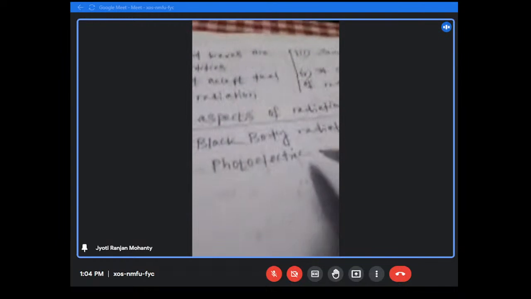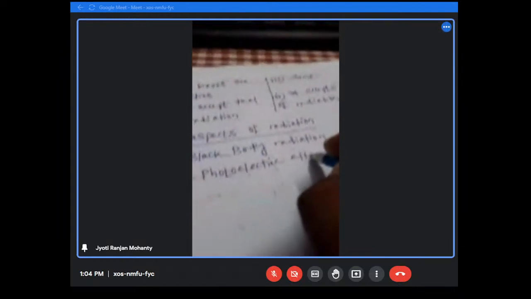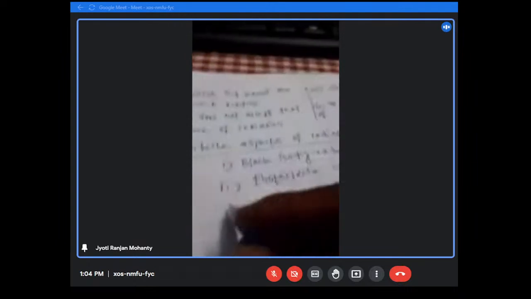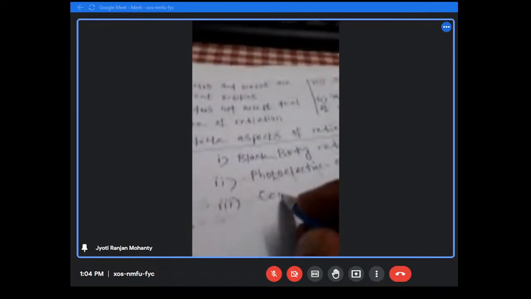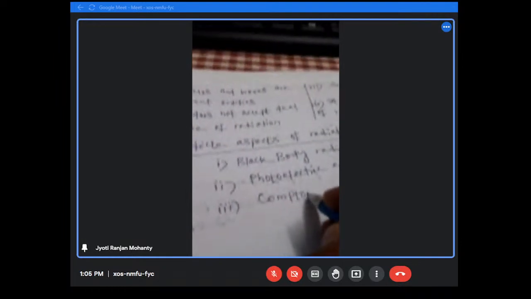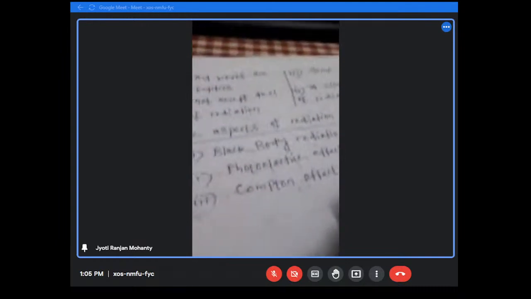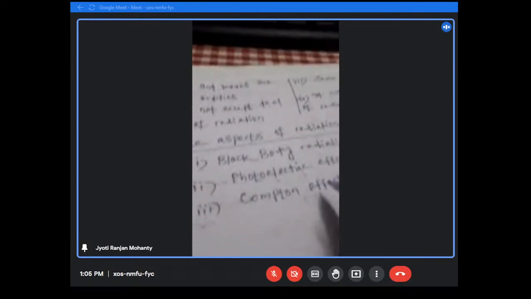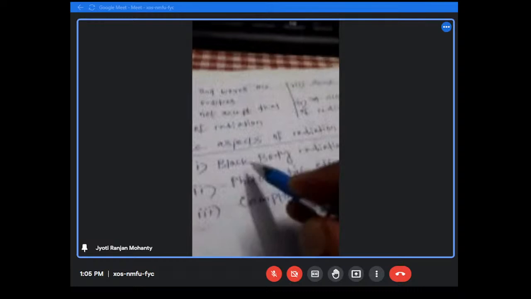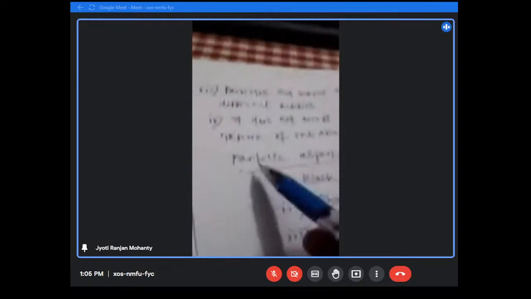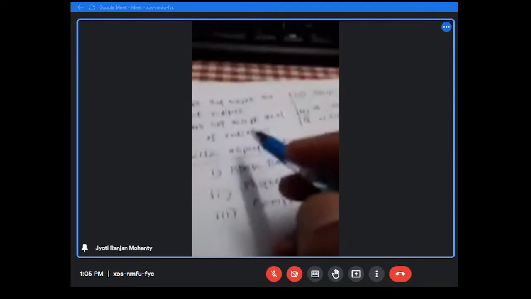Number 3 is Compton effect. So these three experimental things explain about the particle aspects. Remember, this is particle. The particle aspects of the radiation.